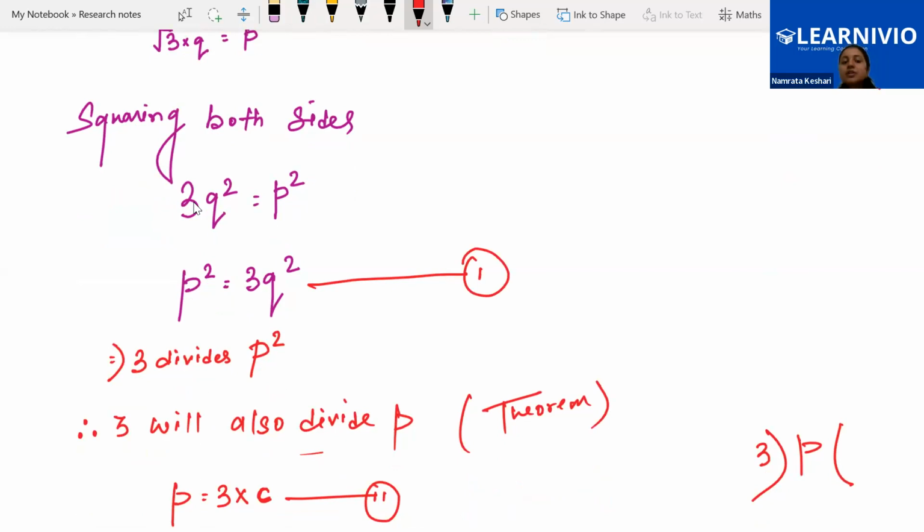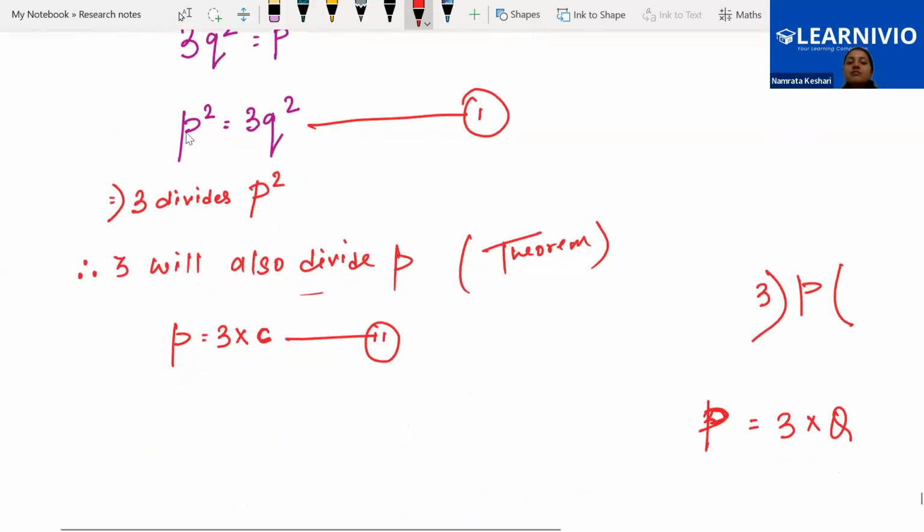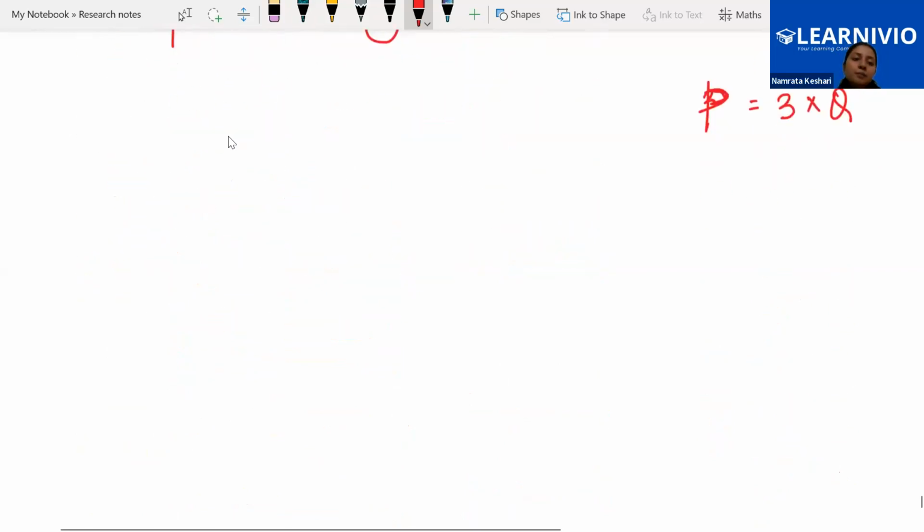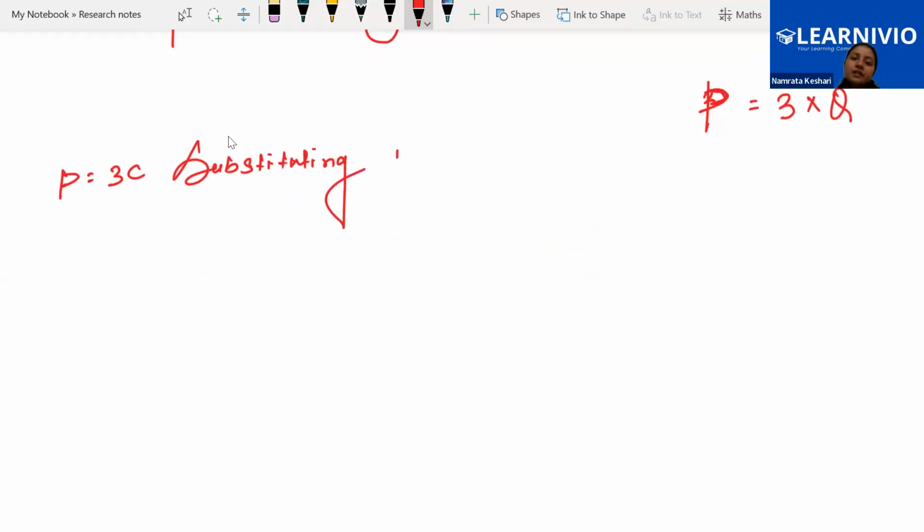Now equation number 2, we are going to use. We are going to do the substitution that P is equal to 3C. From 2, P is equal to 3C. We are going to substitute it in equation number 1.